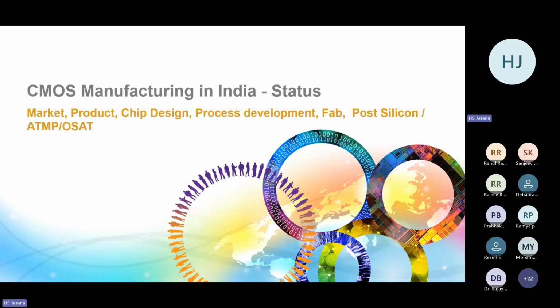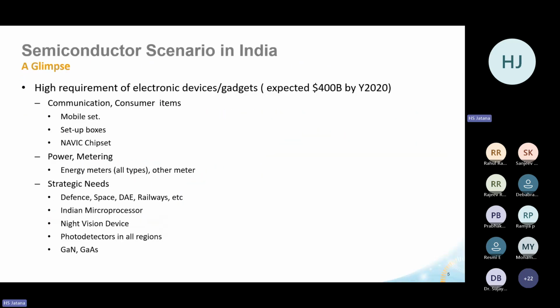Now, in India, as you know, it's a big country, 140 crore population. Out of this, the market is only around 40 to 45 crore which can afford to buy some of these expensive gadgets.